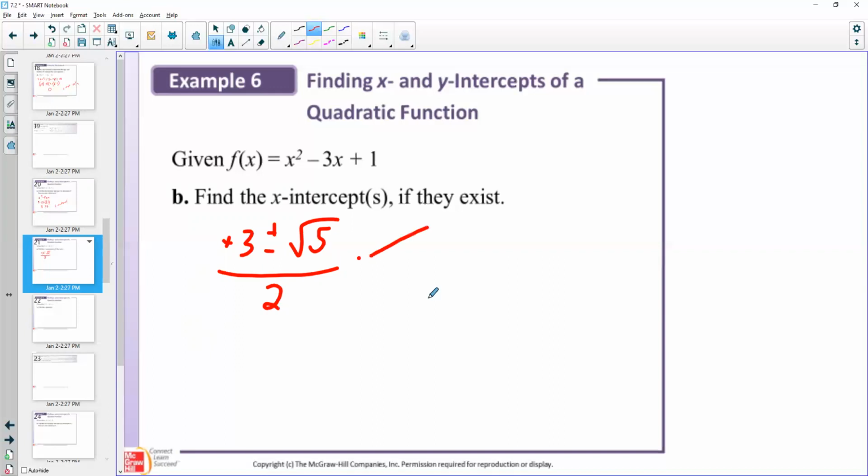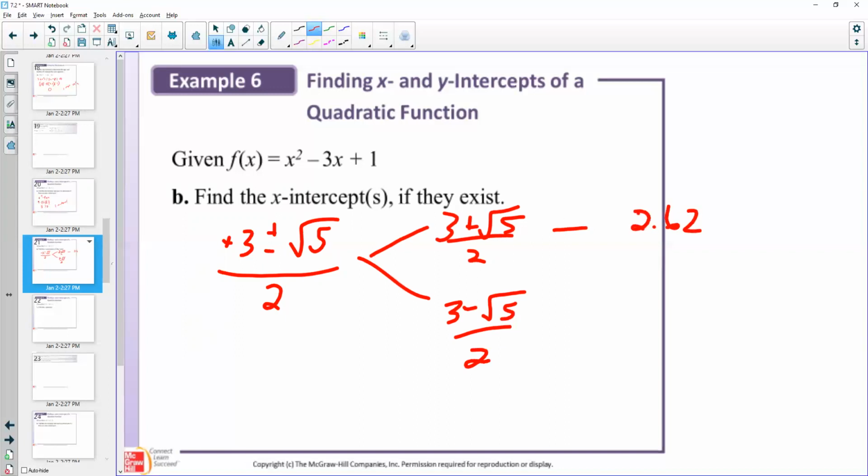And then we can figure out 3 plus the square root of 5 divided by 2, and 3 minus the square root of 5 divided by 2. That gets you something like 2.62 and something like 0.38. So the x-intercepts are 2.62 and 0, and 0.38 and 0.